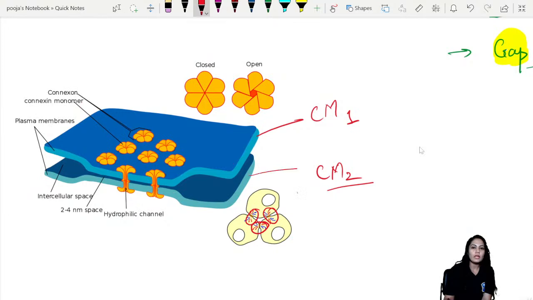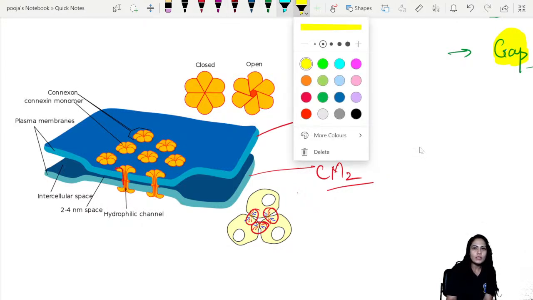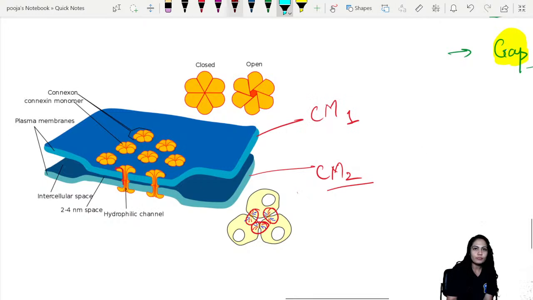Now what is the importance of these gap junctions and what are they made up of? First, let's learn the functional anatomy as usual. Why are they called gap junctions? You can see this is the first junction, this is the second junction, and so on.